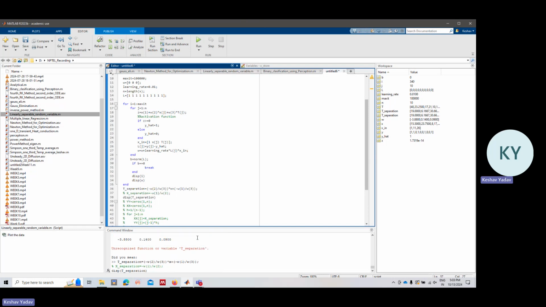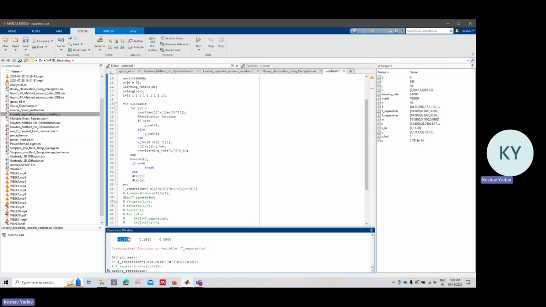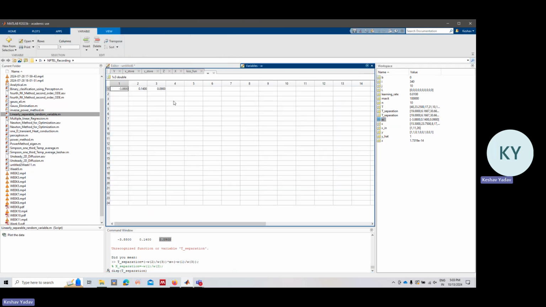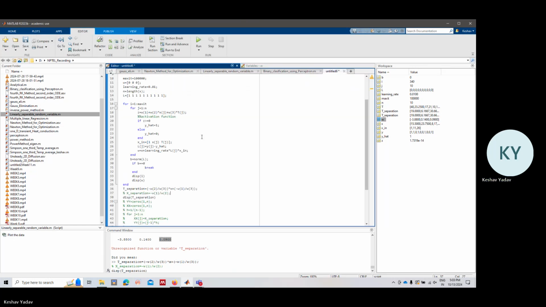Now, what are my W values? W0 is minus 3.88, W1 is 0.14, and W2 is 0.09. So these are my W0, W1, W2.